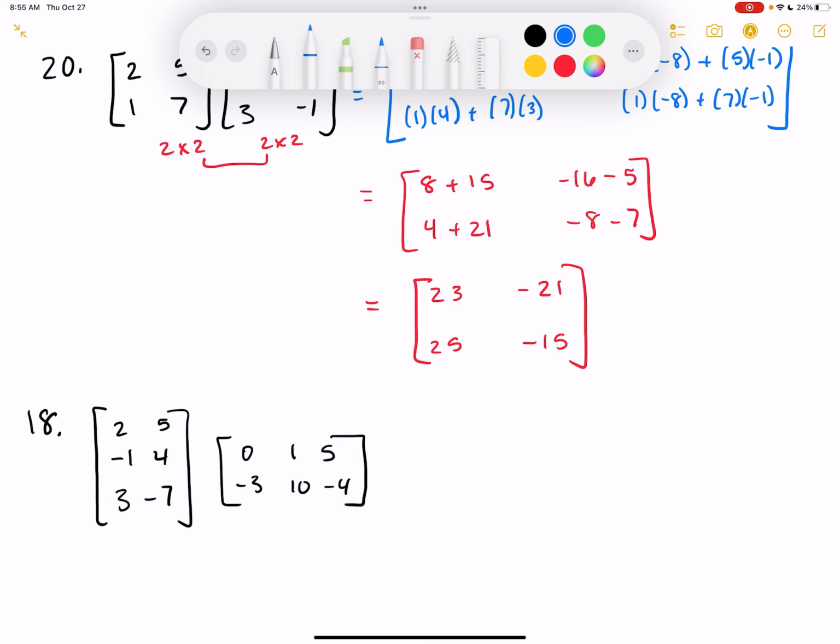All right, so what are my dimensions of this one? 2 by 3. 3 by 2.